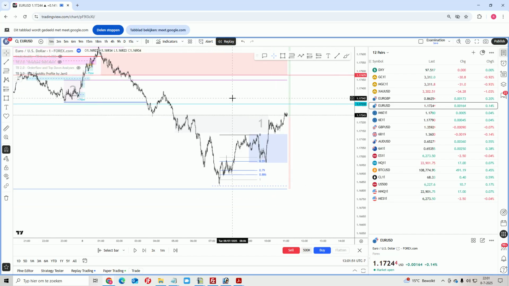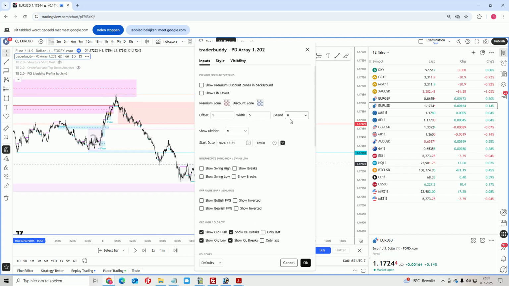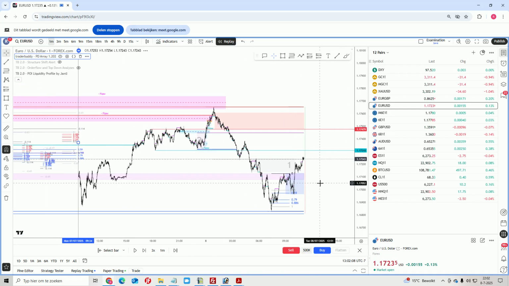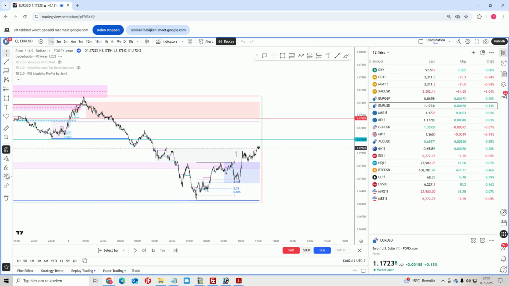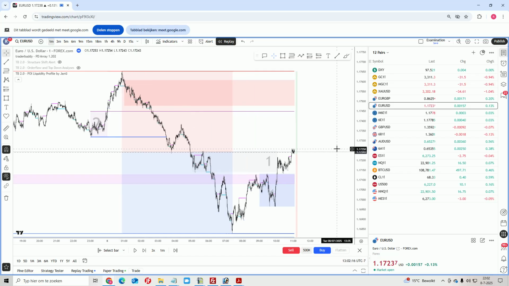Okay, what are all the other sections for on the PD array? Well, actually, you don't even need them, and I showed you that you don't need them, because it's only confusing. The more you have on your chart, the more confusion you get.